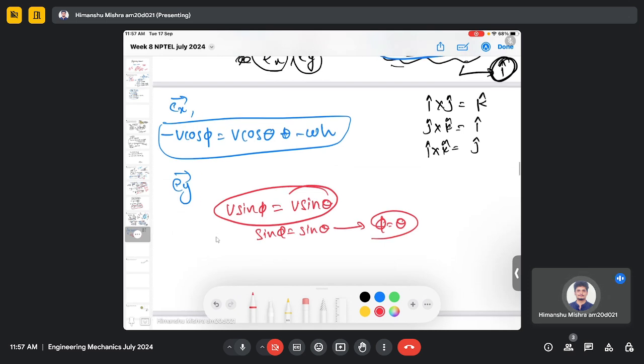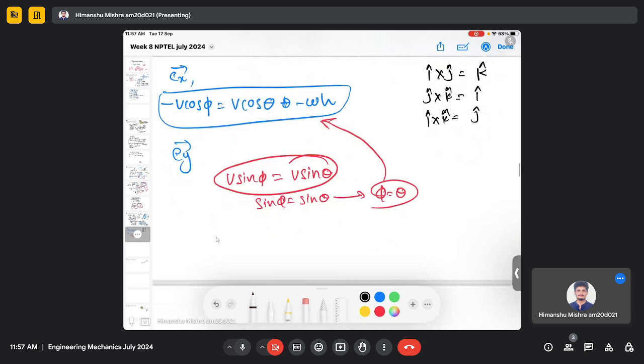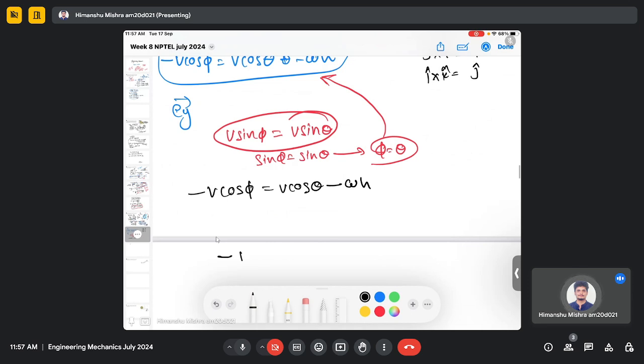Now from the x component equation, we can substitute this result. So we can write down minus v cos theta equals v cos theta minus omega h. So minus v cos phi, this is theta, minus v cos theta.